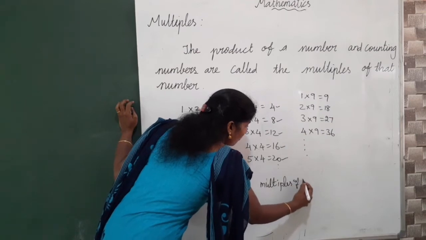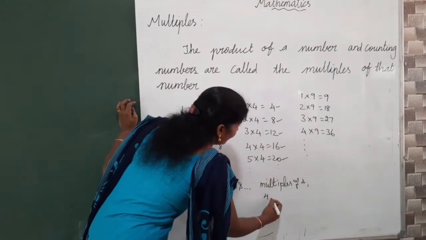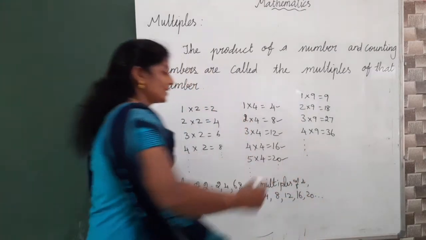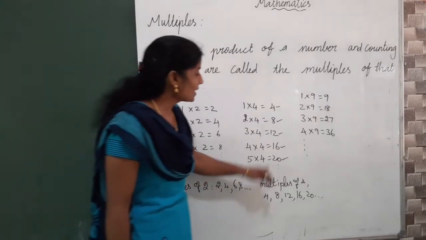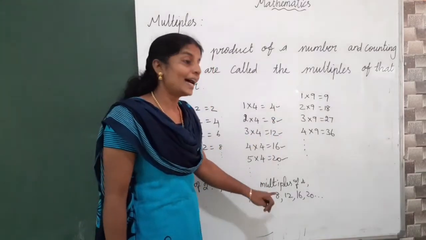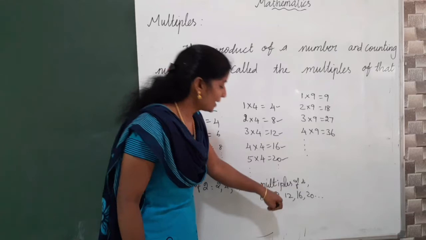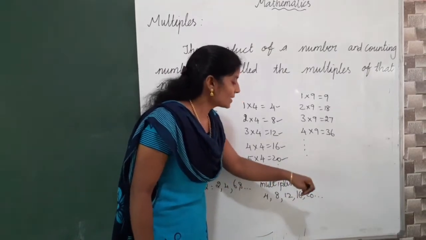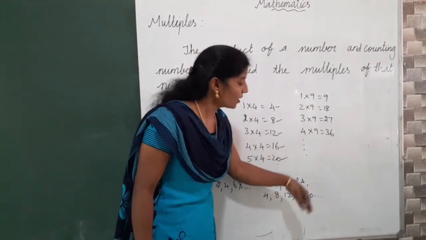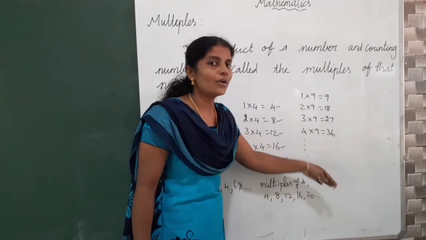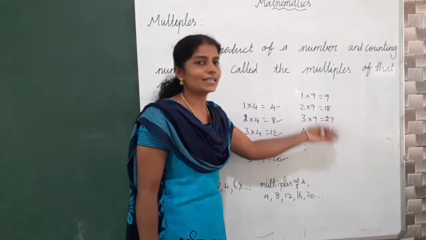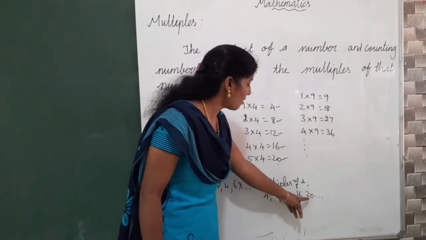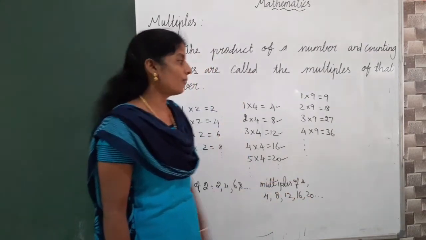Otherwise, this is the product, or we can add: 4 plus 4 is 8, 8 plus 4 is 12, 12 plus 4 is 16, 16 plus 4 is 20, then 20 plus 4 is 24, then 28, etc. So 4, 8, 12, 16, 20 are multiples of 4.